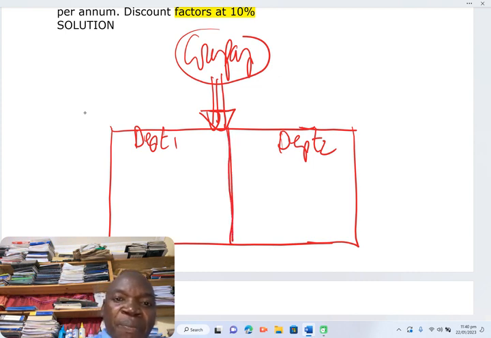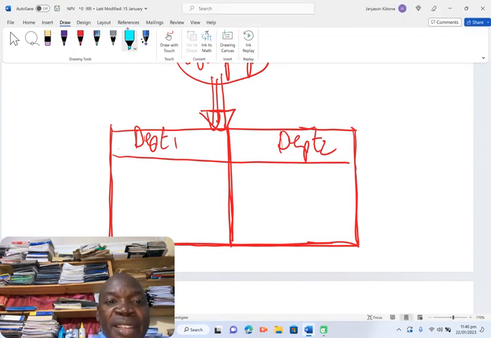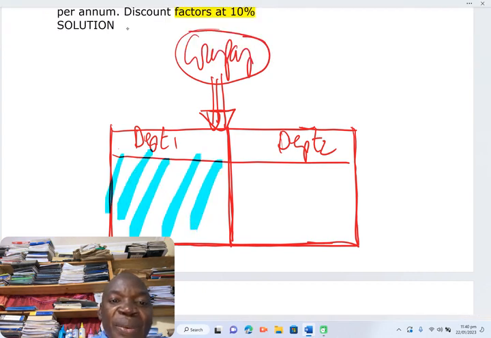Now, why department 2? The machine must be highly equipped to tackle some problems. So what he's saying is that the machines in department 1 are occupied with activity within the company.